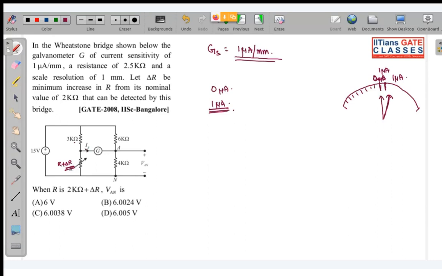So the current flowing through here is 1 microampere. 1 microampere current is flowing through this branch. From here it is 15 volt. Anything else we have been given? So this is 15. This is 2000 plus del R. And what is given? 1 microampere per mm.